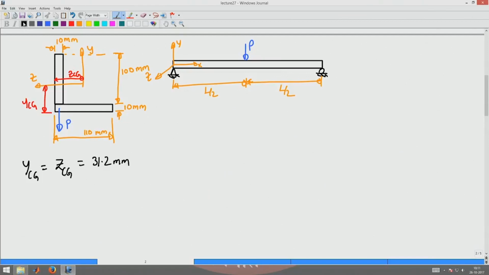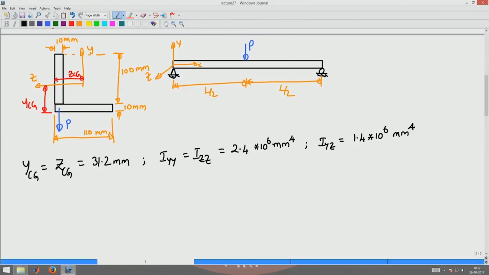Similarly, for this cross section, for the oriented axis, Iyy will be equal to Izz, again because it is an equal angle, and that will be equal to 2.4 times 10 power 6 mm^4. And Iyz is going to be 1.4 times 10 power 6 mm^4 for this orientation of the coordinate system, y and z directions.